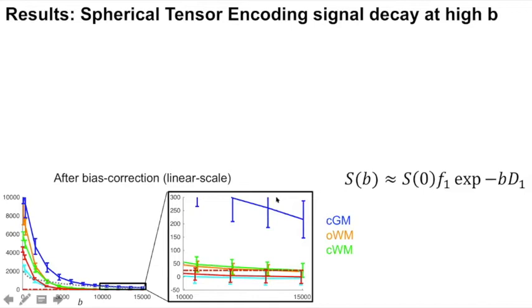So that's what we did here. We just took the high B values where we know we suppressed everything else, like the axons or extra-axonal space should be largely suppressed in that regime. And we can study specifically the signal at these high B values.